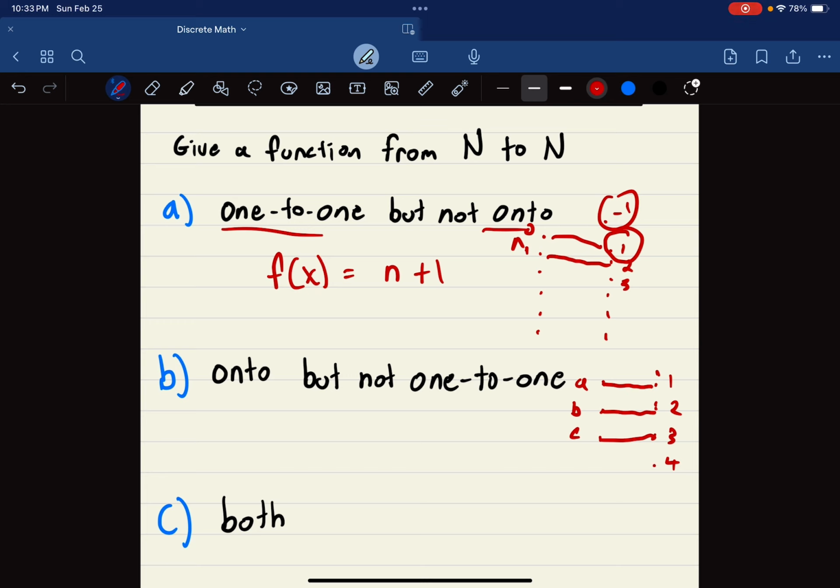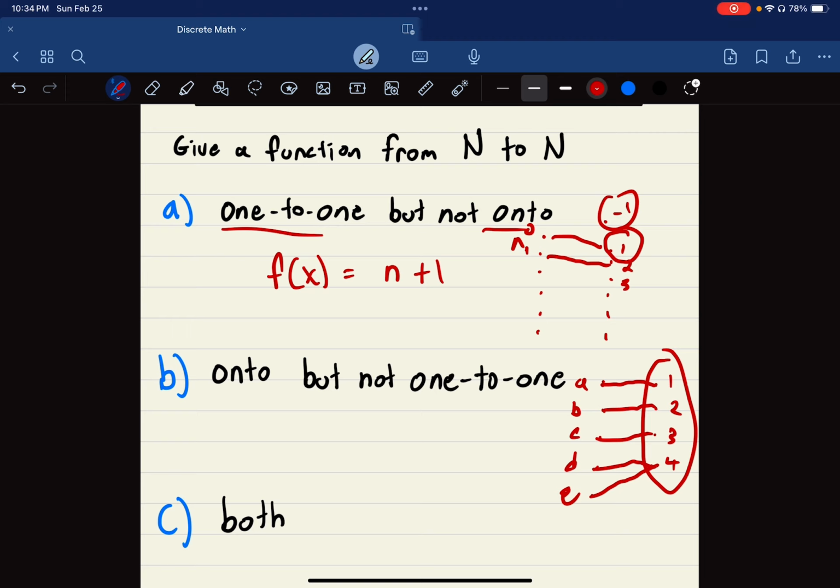Even though 4 doesn't have anything, that doesn't matter; each one has one thing, so it's one-to-one. But onto is different. Onto means that every single one is taken up. So let's say you had an E right here, and you put this. This wouldn't be one-to-one, but it would be onto because every single one of these is occupied, if that makes sense.